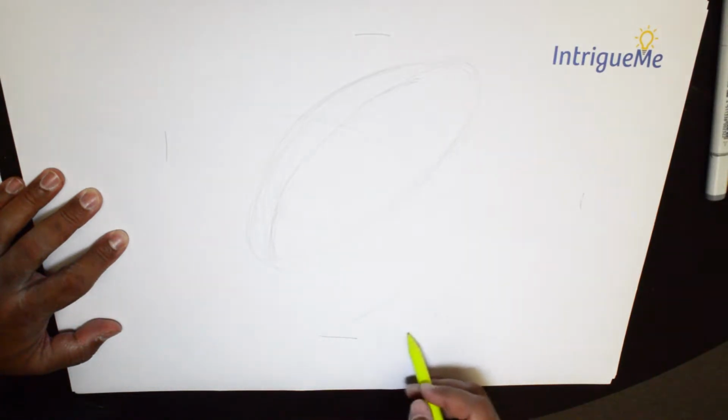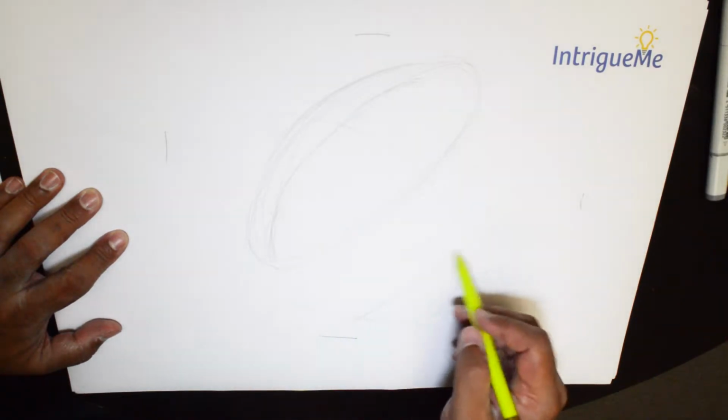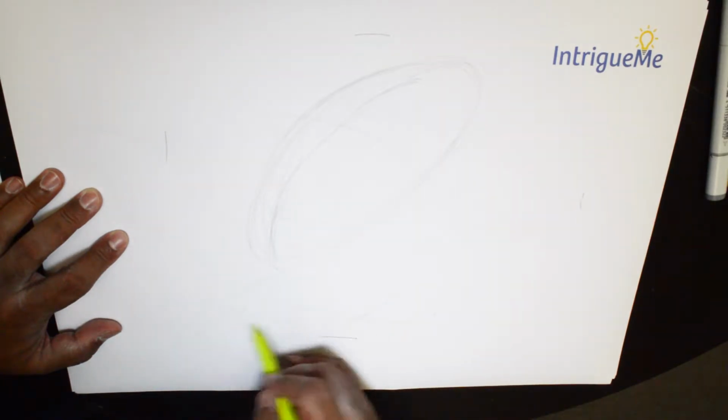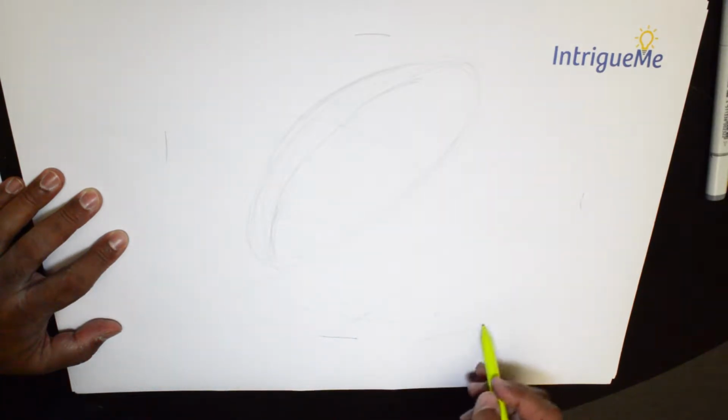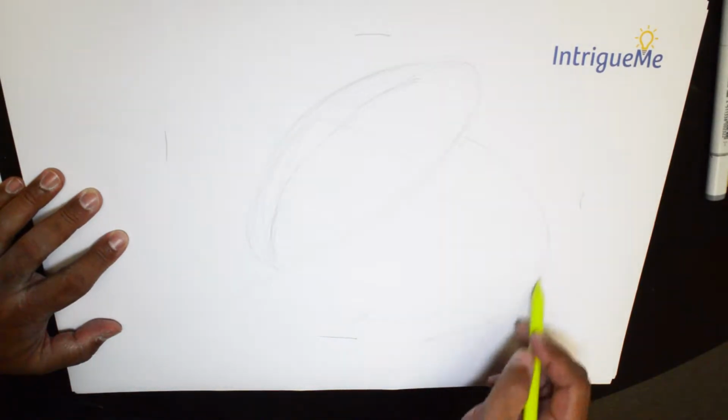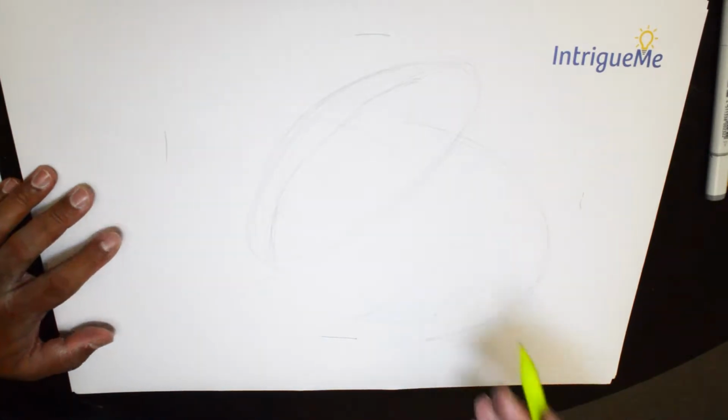An arc here, an arc right here, an oval and an oval, and we're going to put in an arc here. Now you will know why I'm going about this.